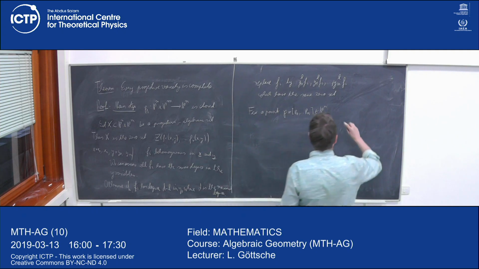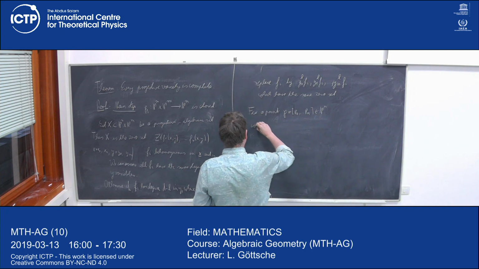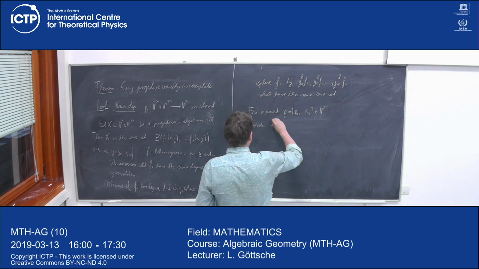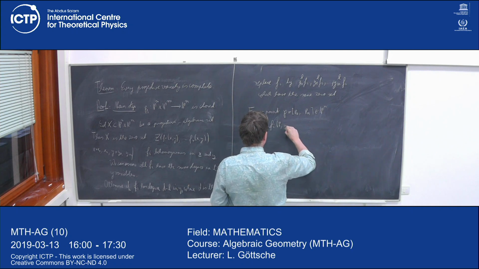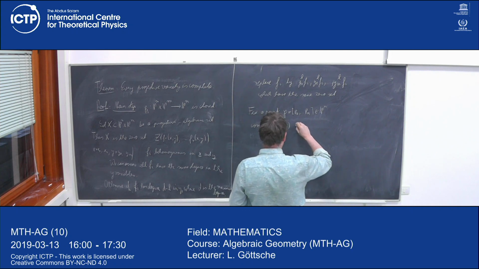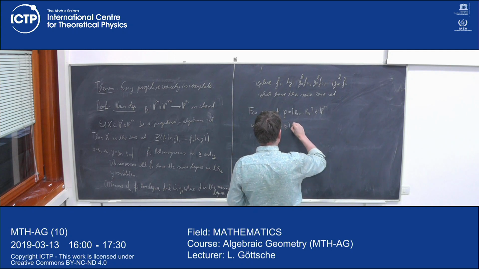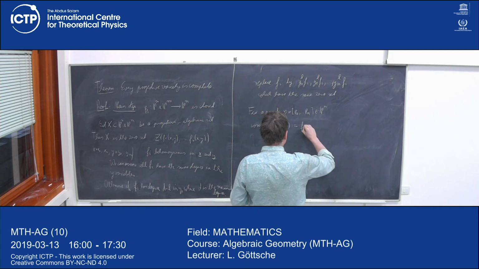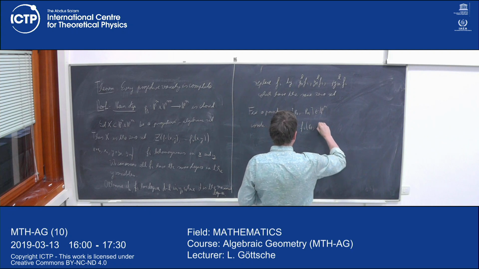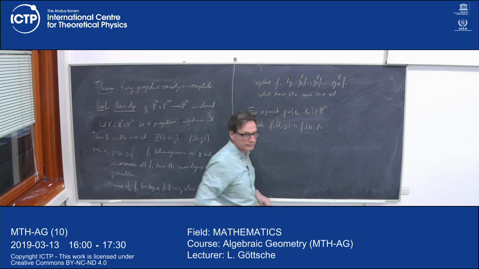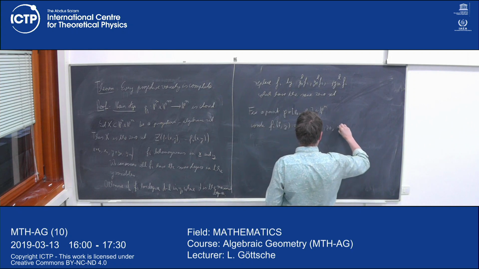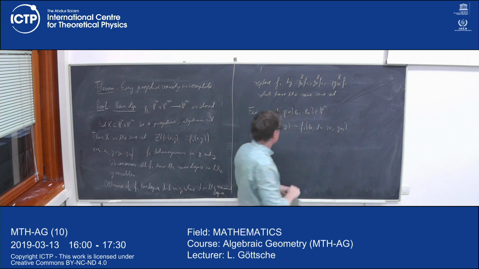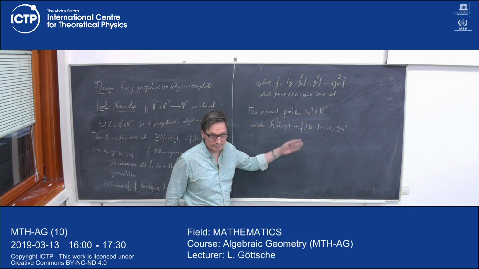And I write fi of p, y as an abbreviation of fi of p0 to pn, putting the coordinates of the point into it and keeping the variables y0 to ym. I just write it like this as a shorthand.